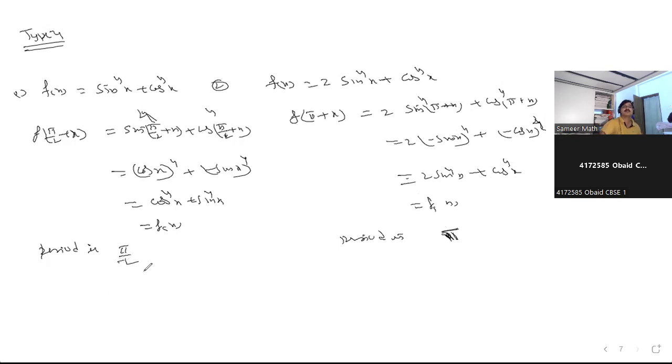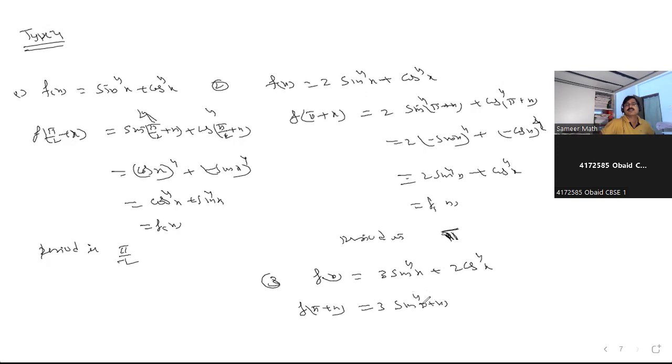You see the difference. Powers are even, but don't think that the period is always the same. Never, sir, never. Even if I write here a third example, this example is correct: 3 sine to the power of 4x, another one is 2 cos to the power of 4x. If I take here, the period is what? Pi only. Pi plus x. See, the 3 into the function is not going to be changed now.